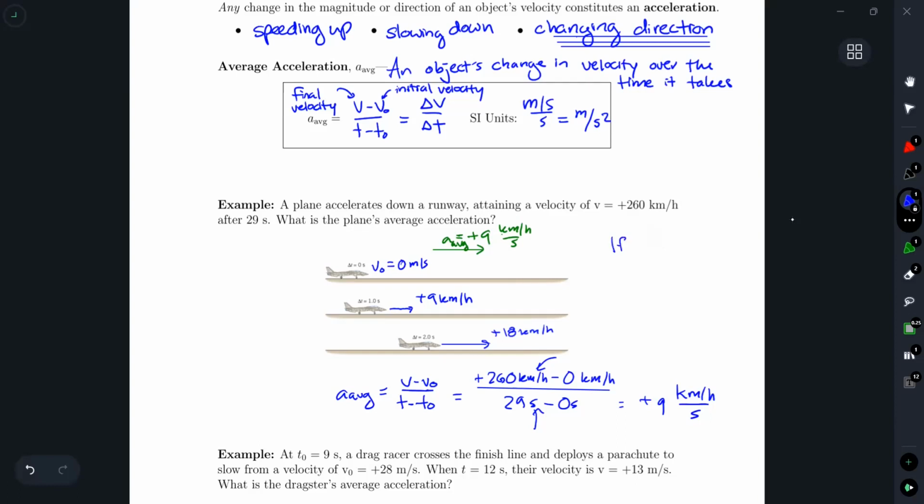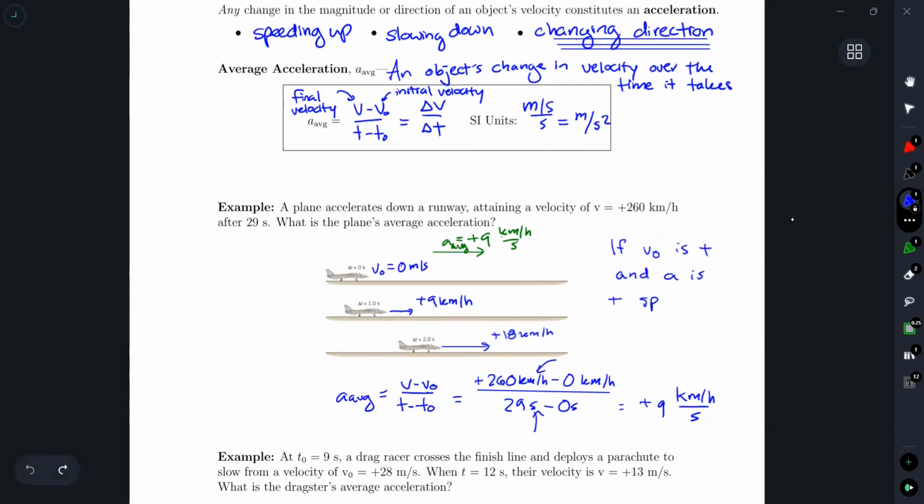Okay, we can also pull from this that if your initial velocity is positive, or at least not negative, and your acceleration is positive, the thing speeds up. So the plane here is speeding up. Speed increases. So that's a big takeaway from this as well.